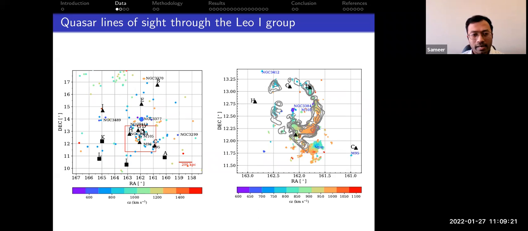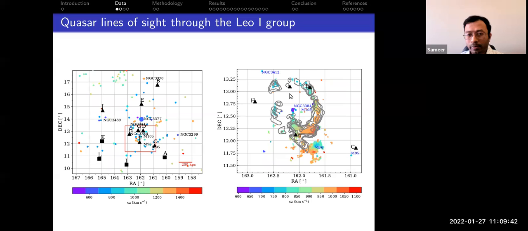So on the right hand side, I'm showing a zoom of this box. And what we see here is an interesting structure of gas. So this ring of gas is called the Leo ring. This is a giant intergalactic H I ring, the origin of which has been a subject of debate for some time now.